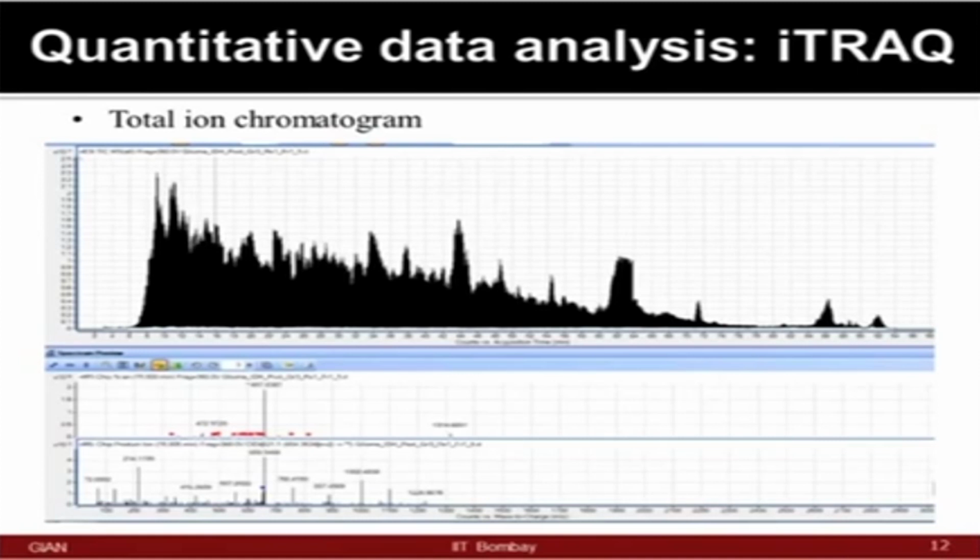Because if you have just run a 20 minute run for the entire complex proteome, you will still get this kind of pattern, and if you now run 20 fractions each around 20 to 30 minutes, now you are seeing this kind of pattern. So, it means a much larger number of peptides you can now read, because the MS scan rates are fixed, you cannot change those, right.